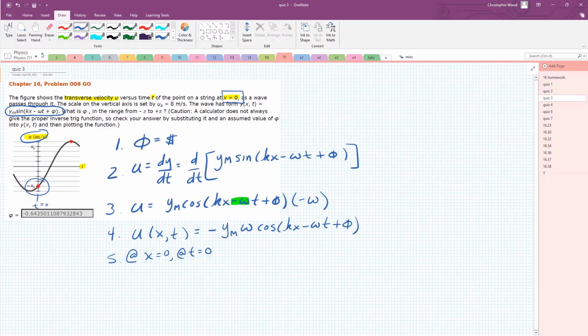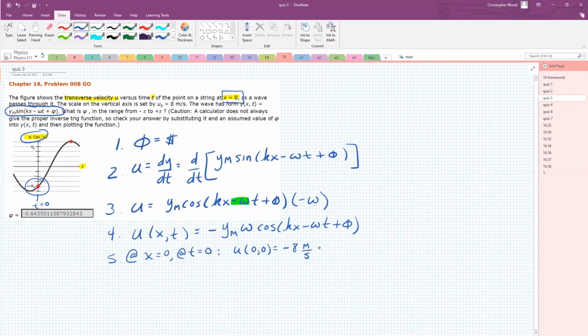The whole graph is at x equals 0. At x equals 0, t equals 0, this is what I have. The transverse wave velocity at x equals 0, t equals 0 equals -8. That's -8 meters per second, because it's 2, 4, 6, 8 u sub s. So -8 meters per second.